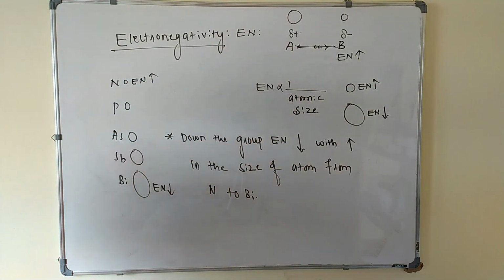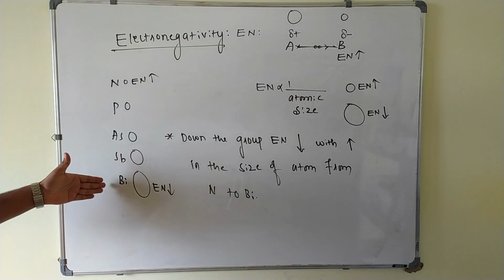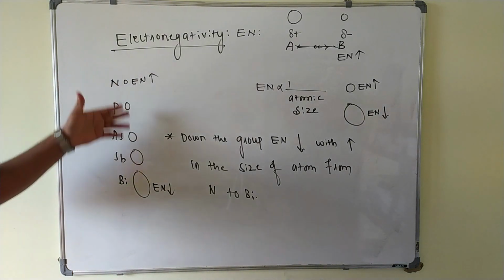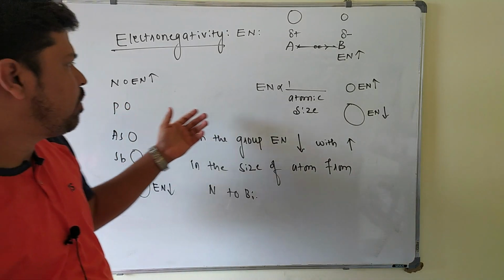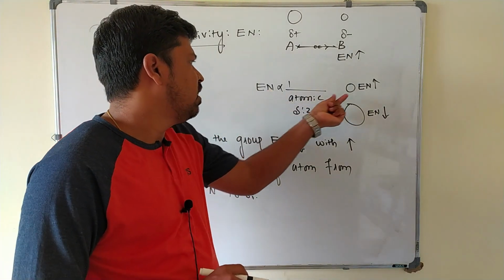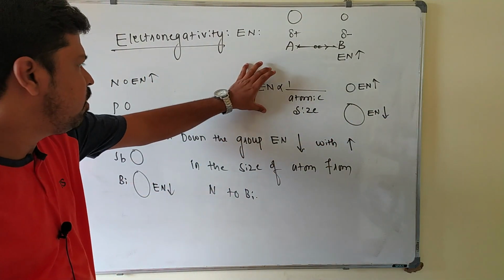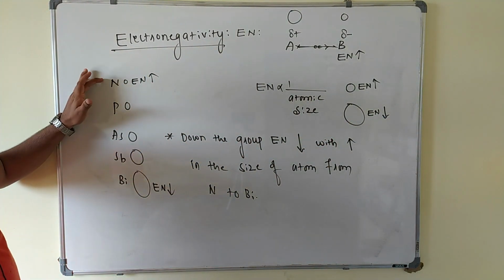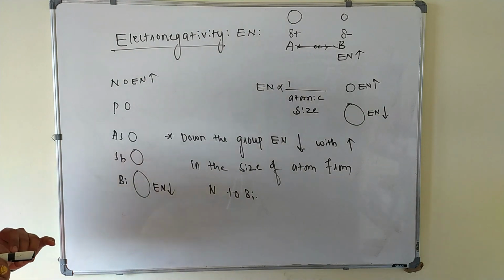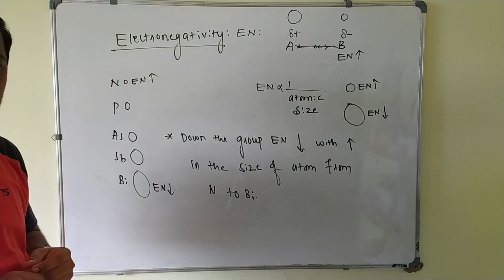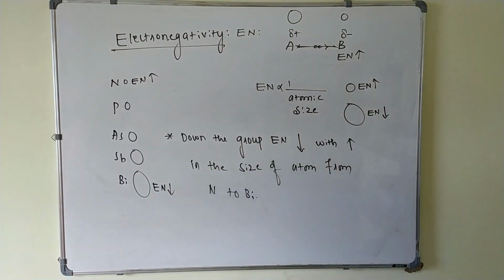So this is the electronegativity of group 15 elements. Down the group electronegativity decreases because size is increasing. Electronegativity is maximum for small size atoms and minimum for large size atoms. With the help of this, we can identify which is more electronegative and which is less electronegative. Next, we will go for ionization energy.